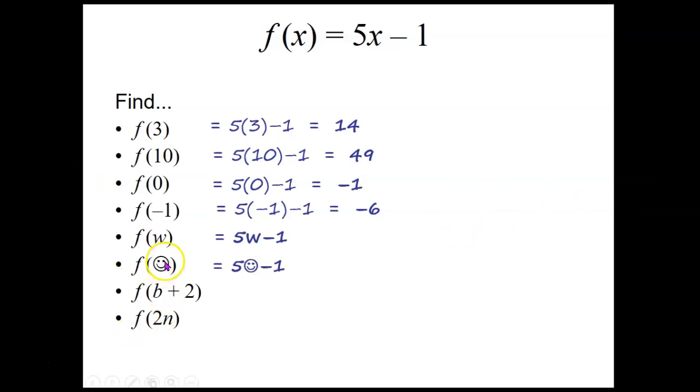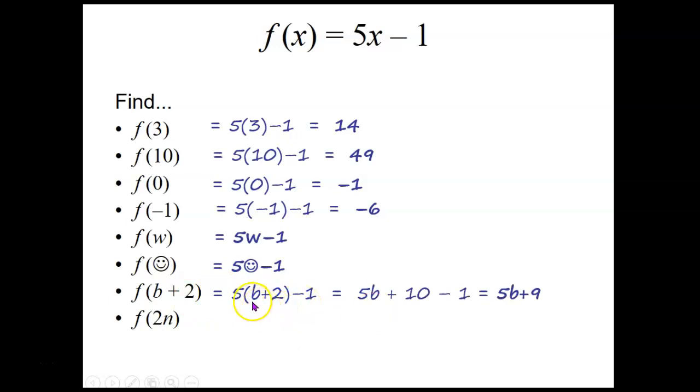So whatever we put in the parentheses in place of the x, that goes in place of the x in the formula. The function does to that thing what it's doing to x here. So the x is like a placeholder that gets replaced by whatever the input is. f of b plus 2 would be 5 times b plus 2 minus 1.